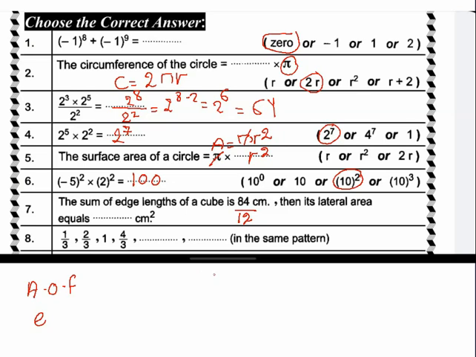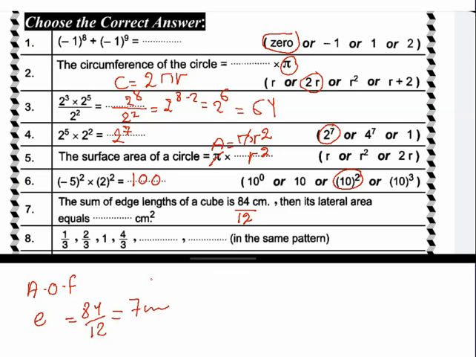So divide the sum by 12 to get the edge. So edge equals 84 divided by 12. It will be 7 centimeters.